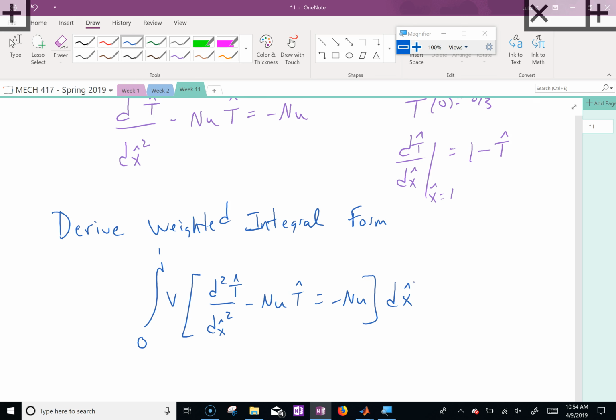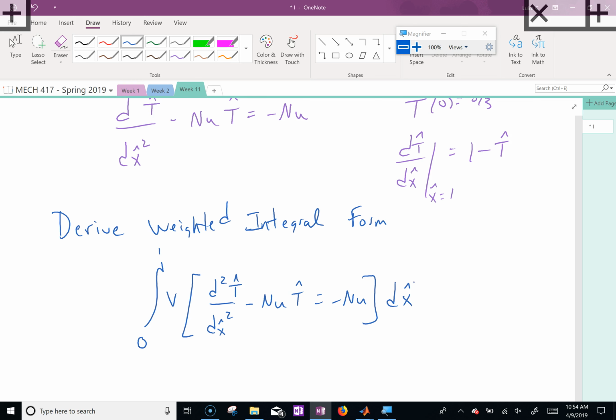Remember when we had the one we just did with the sine wave? What did we do? We multiplied by a function, which we called sine of mx, and we integrated from 0 to pi. Well, it's the same process.